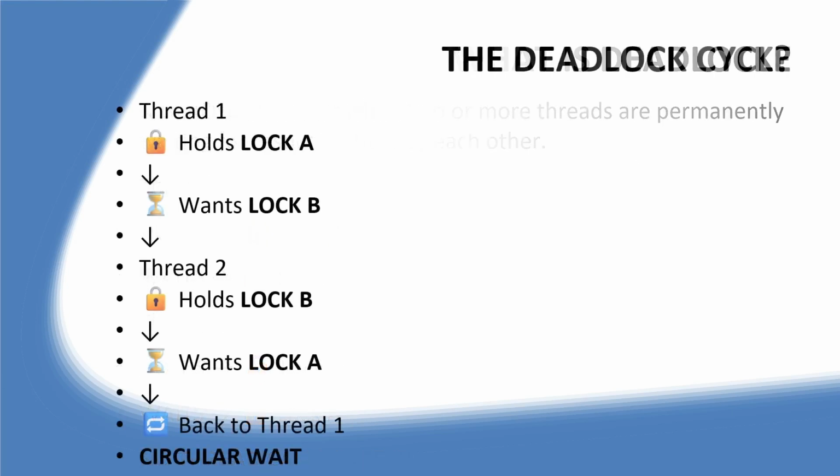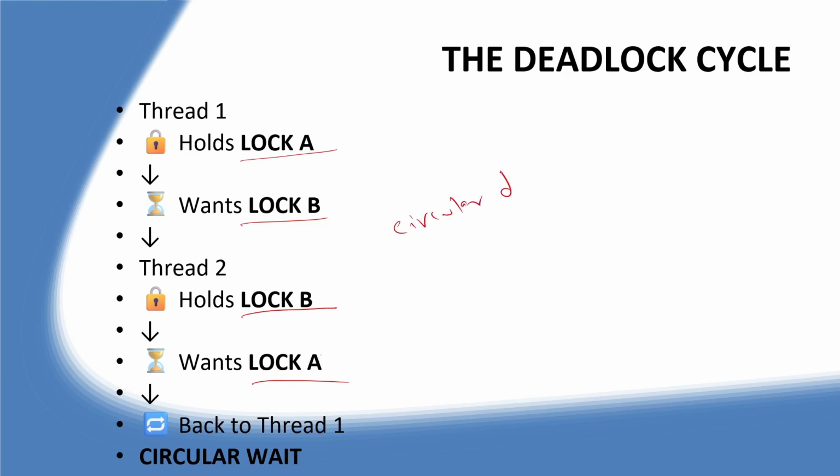The easiest way to visualize deadlock is as a cycle. Thread 1 holds lock A and it wants lock B. Thread 2 holds lock B, but it wants lock A. But currently lock A is held by thread 1. So this creates a circular dependency.